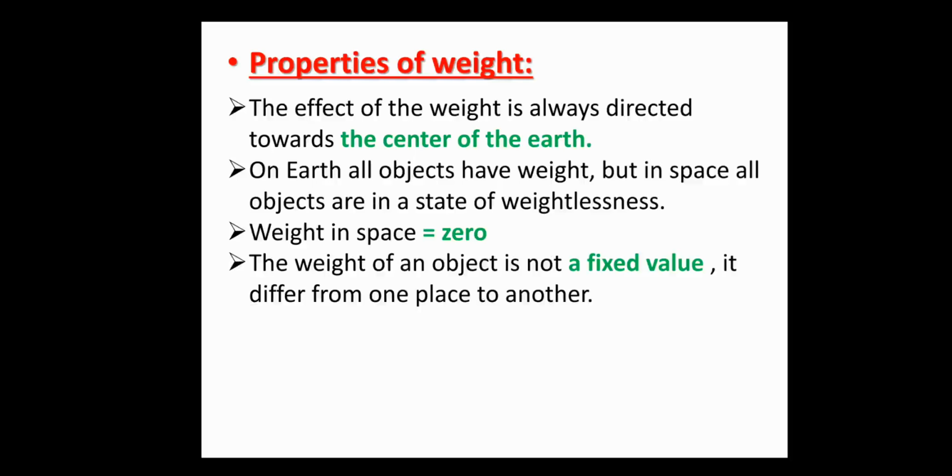Number 2, all matter has mass, whether it's solid, liquid or gas. And number 3, an important property of the mass, is that it is a fixed value. It doesn't change by changing the place.